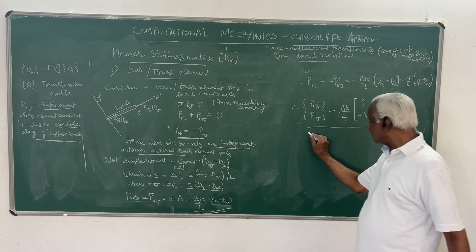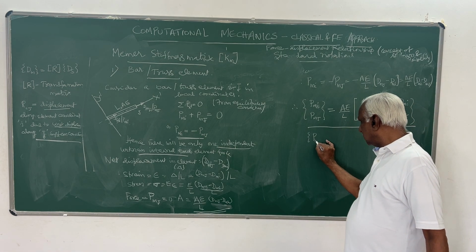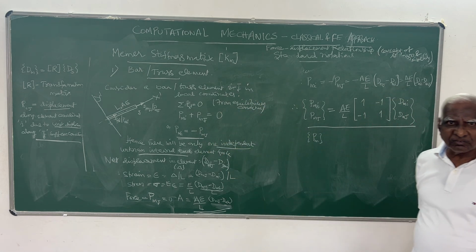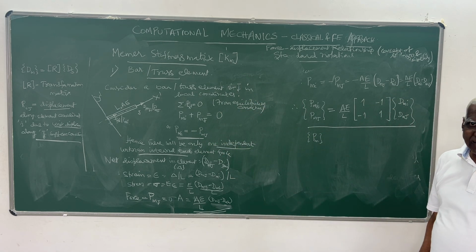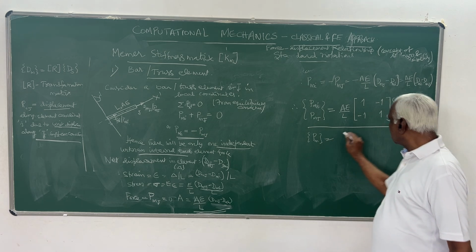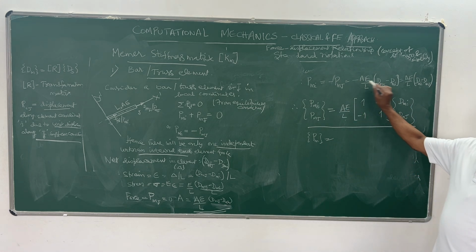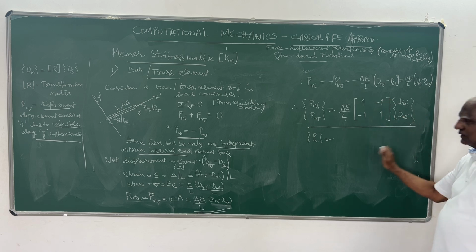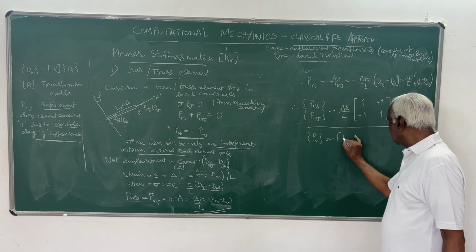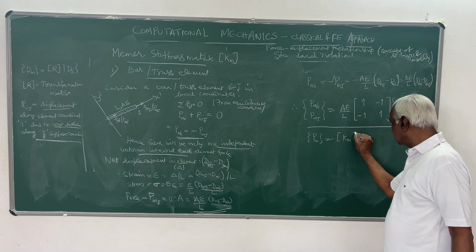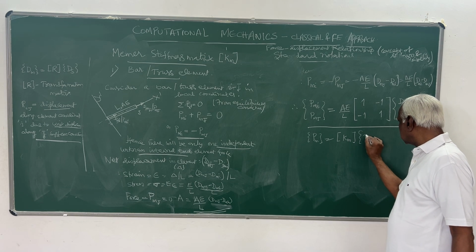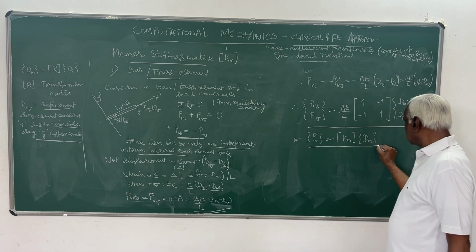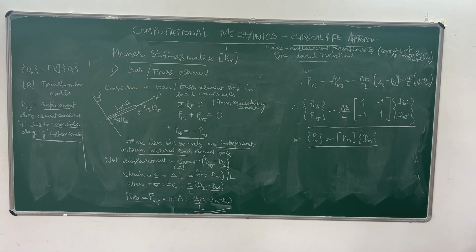So this is nothing but your PM, forces at the ends of element, correct? Is equal to, this is nothing but stiffness matrix. This is DM. So this is Km, right?